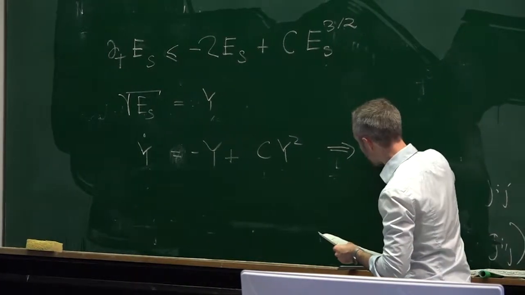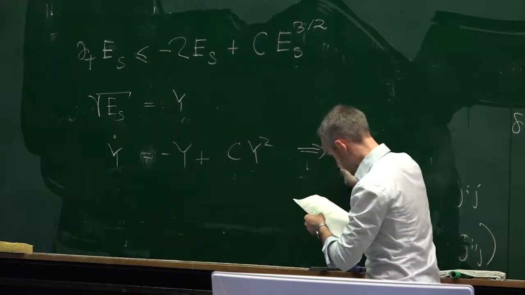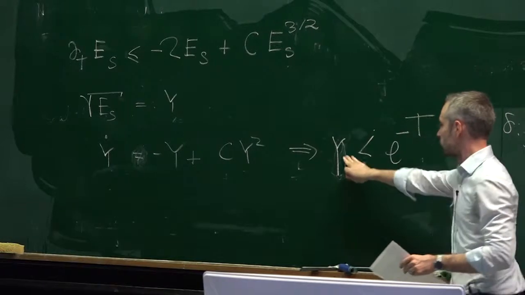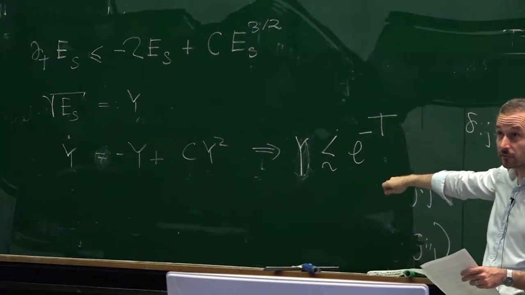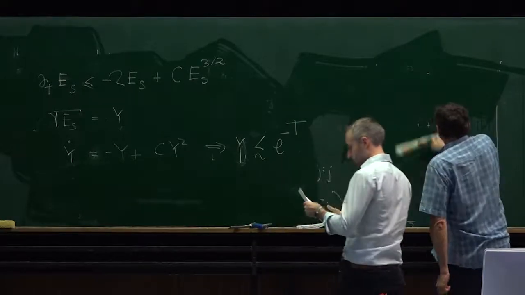I can derive from this that y is essentially bounded up to a uniform constant by e to the minus t. Okay? Thanks.